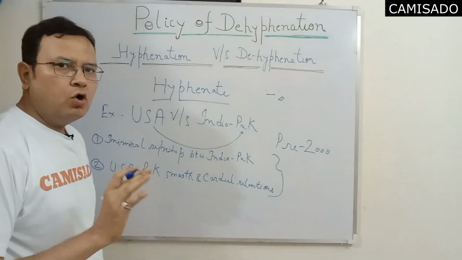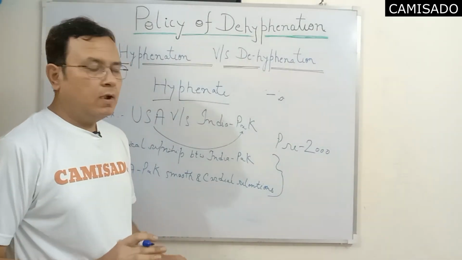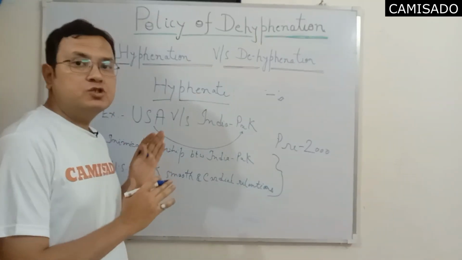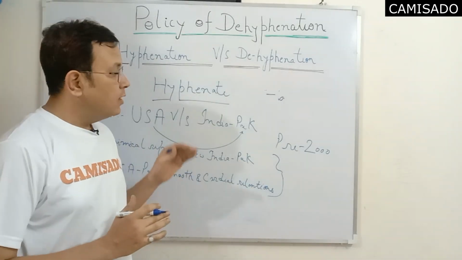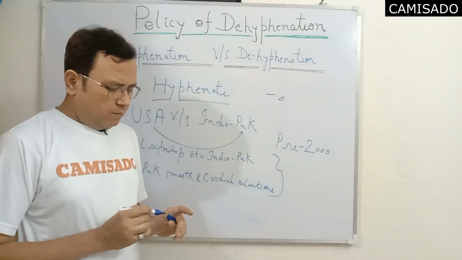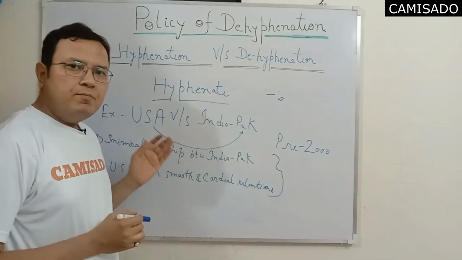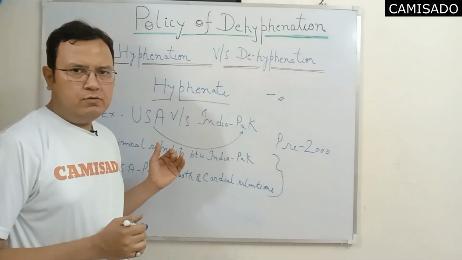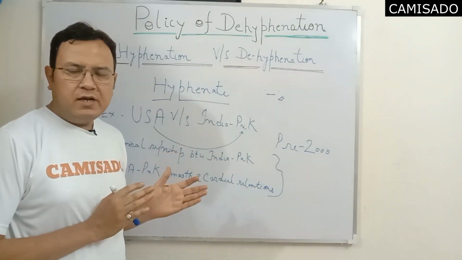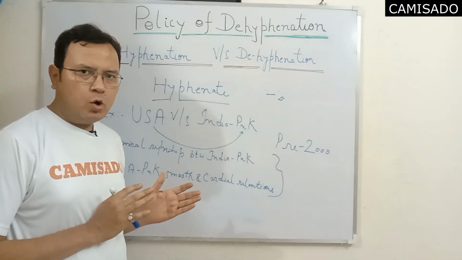These two factors always played a very important role so far as US foreign policy response towards India was concerned, because Pakistan, being an important ally or friend of the United States of America, always played an important role for US foreign policy.